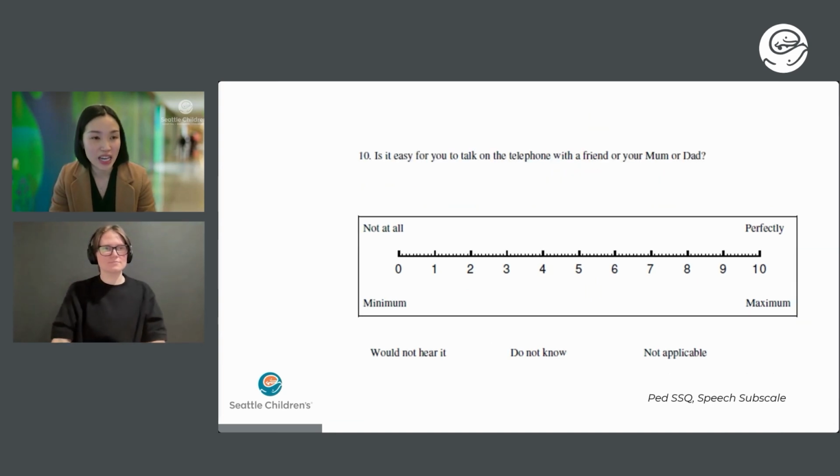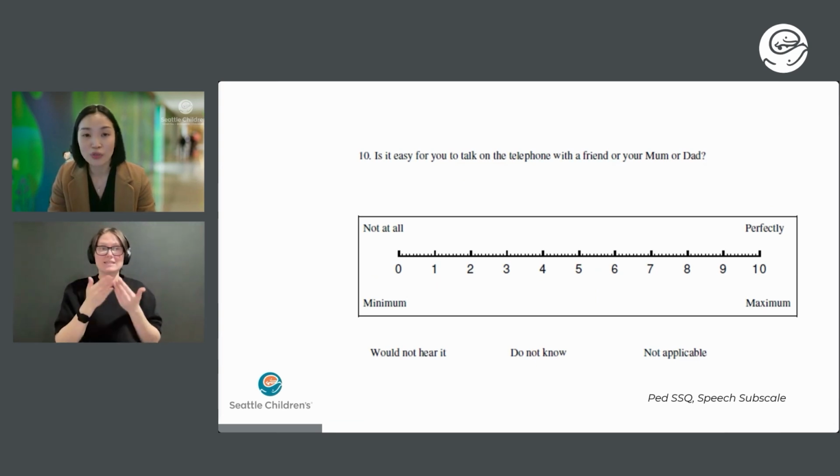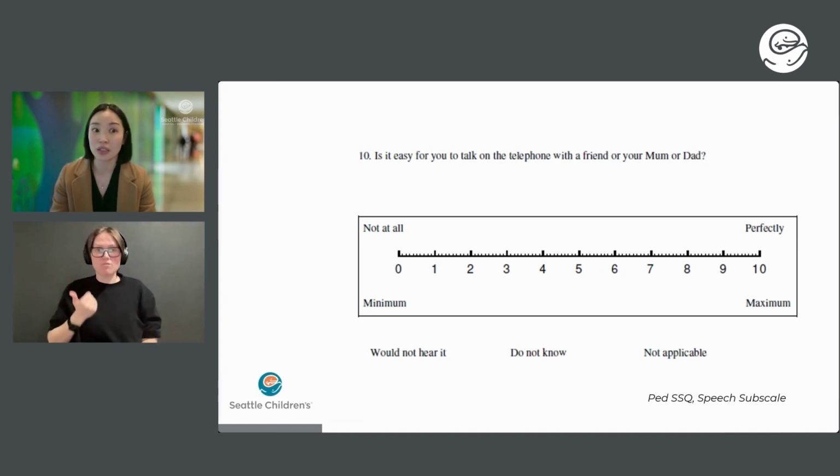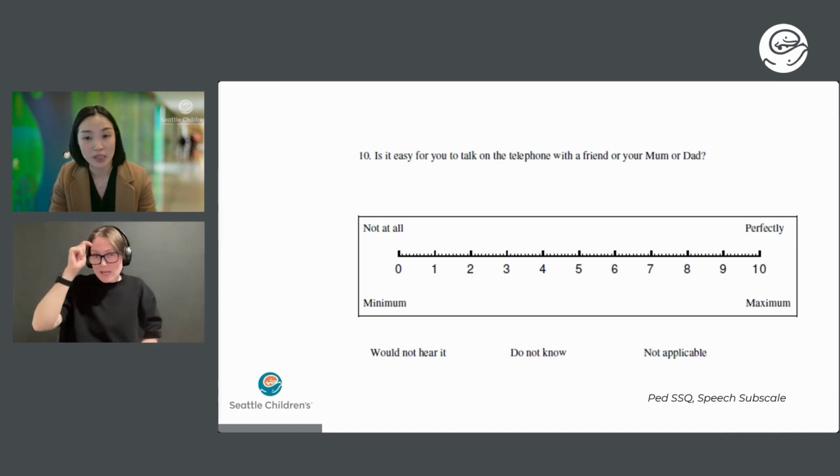So this question 10, I wanted to point out this particular example because it really does illustrate how this questionnaire was developed on kids with unilateral versus bilateral cochlear implants who had bilateral severe or profound hearing loss. So is it easy for you to talk on the telephone with a friend or your mom or dad? So if we think about a kid with true unilateral hearing loss, theoretically, the answer would be, yes, perfectly.